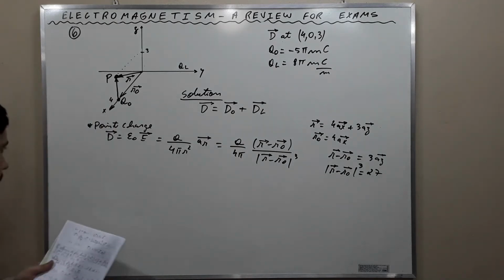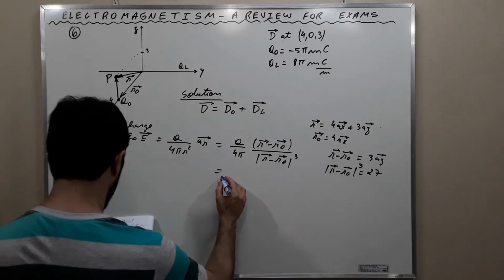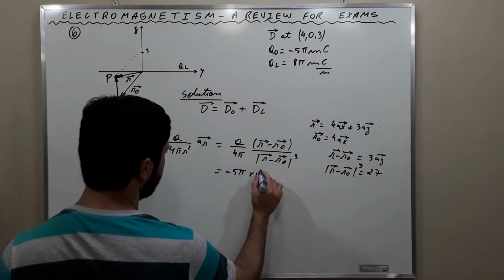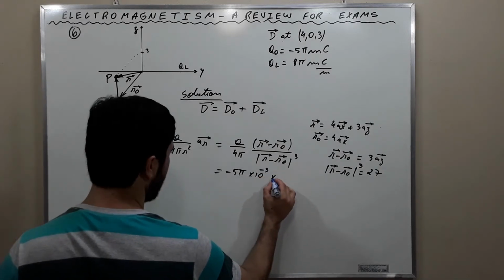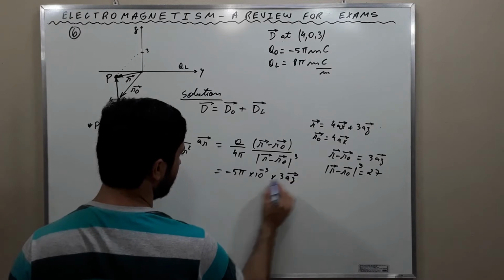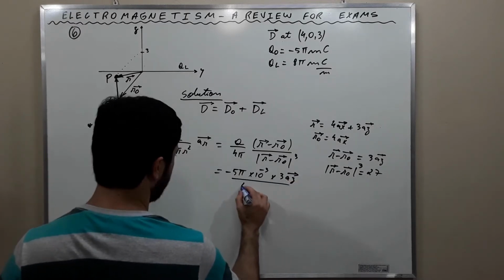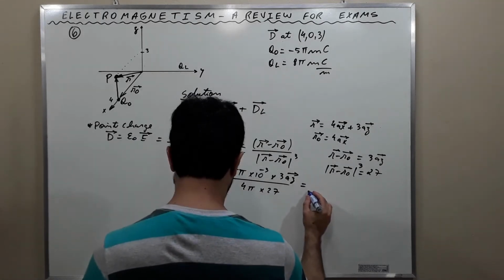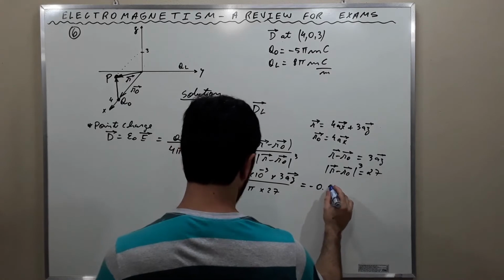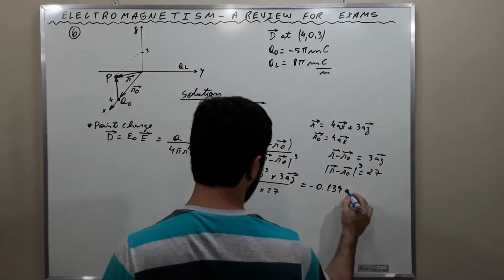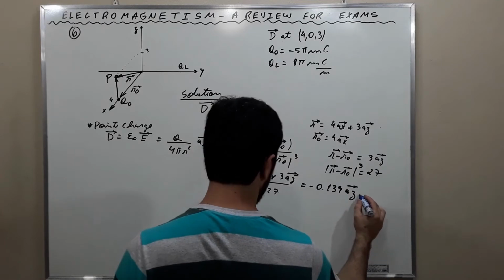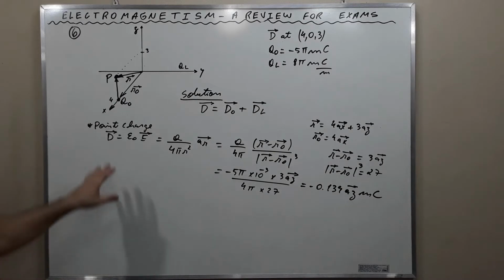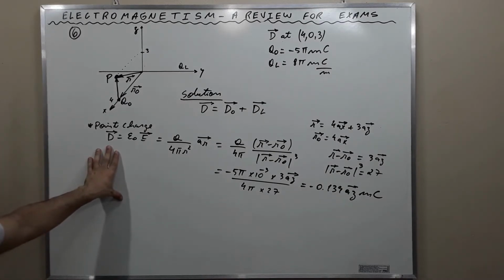Using the expression, we can simply substitute the values here. Minus 5 pi times 10 to the negative 6 times 3az divided by 4 pi times 27 is equal to minus 0.139 az microcoulombs per meter squared. So this is the flux density due to the point charge.